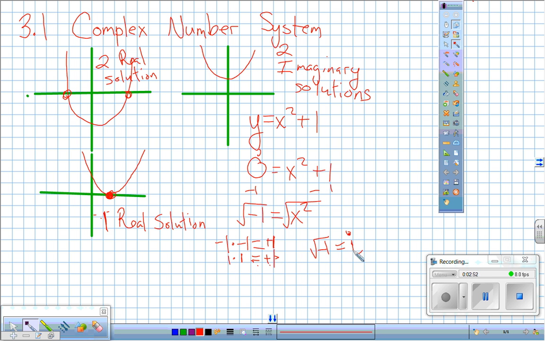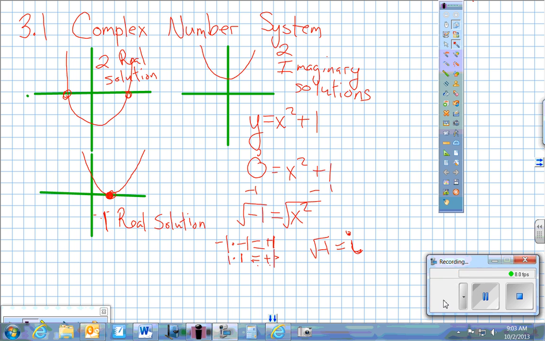Please write it with a script-like look, that way I know it's an i. It kind of looks like a backwards j. Just make it a little bit shorter than a j. Don't make it swoop down. But still remember our rules whenever we take a square root.